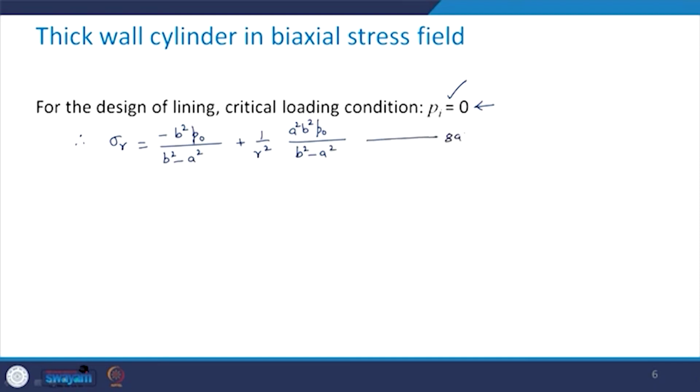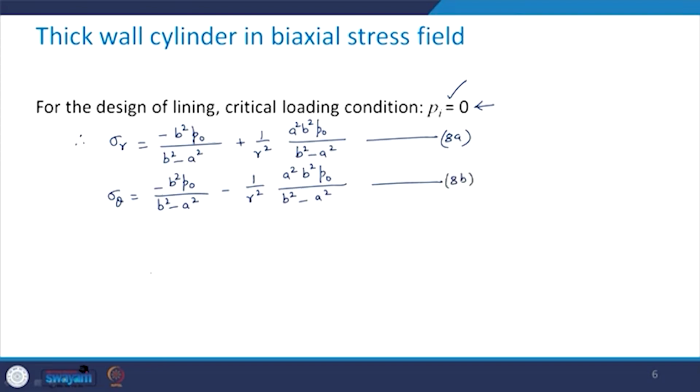That's equation 8a. And your sigma theta will be equal to minus b square p naught divided by b square minus a square minus 1 upon r square a square b square p naught divided by b square minus a square. This will become 8b.